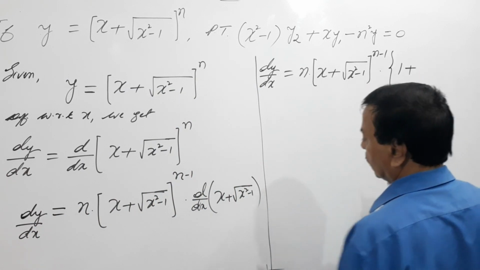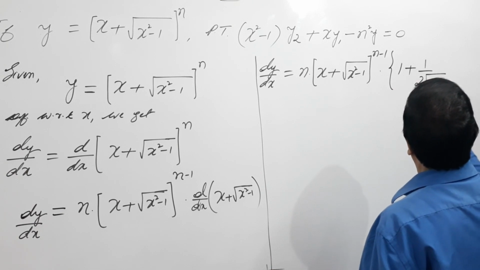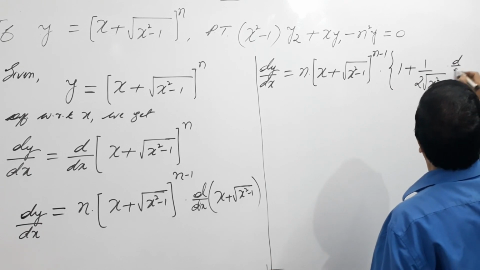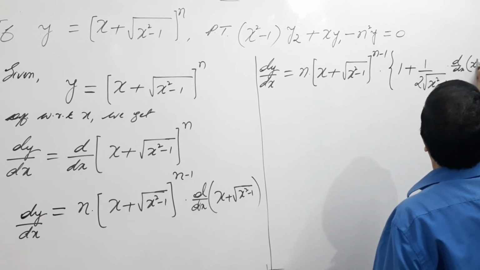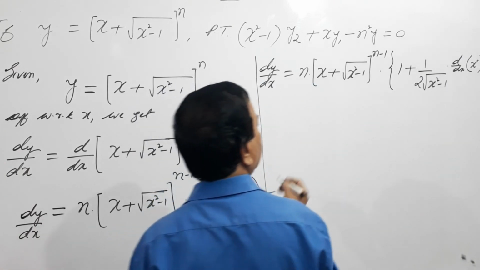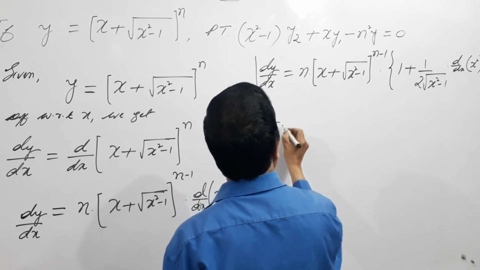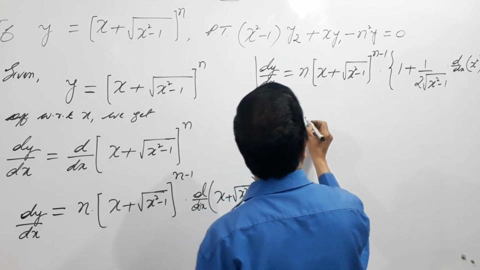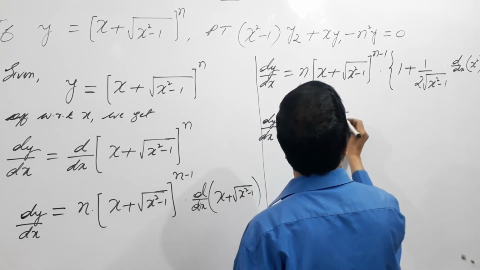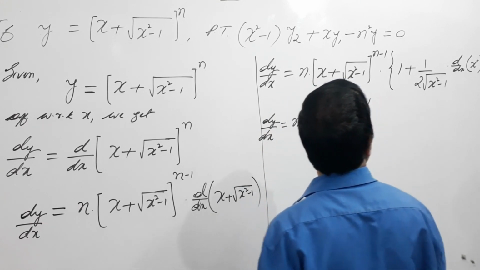1 plus d by dx of this, which is half into (x square minus 1) to the power of minus half into d by dx of x square. So what happens to this? dy by dx equals n into (x plus under the root x square minus 1) to the power of n minus 1.